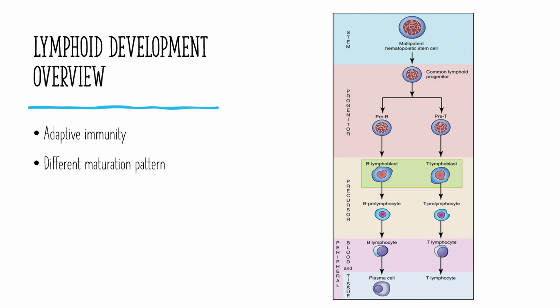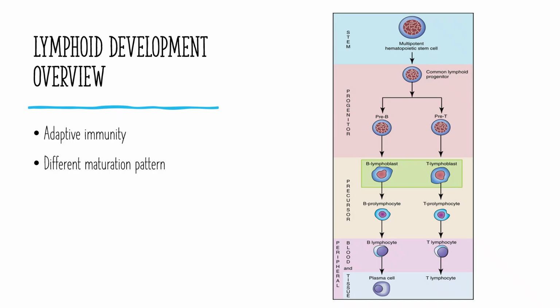Now we shift from the myeloid lineage to the lymphoid lineage, which follows a very different differential philosophy. Unlike granulocytes and erythrocytes, which primarily serve immediate physiologic functions, lymphoid cells are responsible for adaptive immunity, meaning targeted, memory-based immune responses. Lymphoid development begins with the common lymphoid progenitor derived from the hematopoietic stem cell.